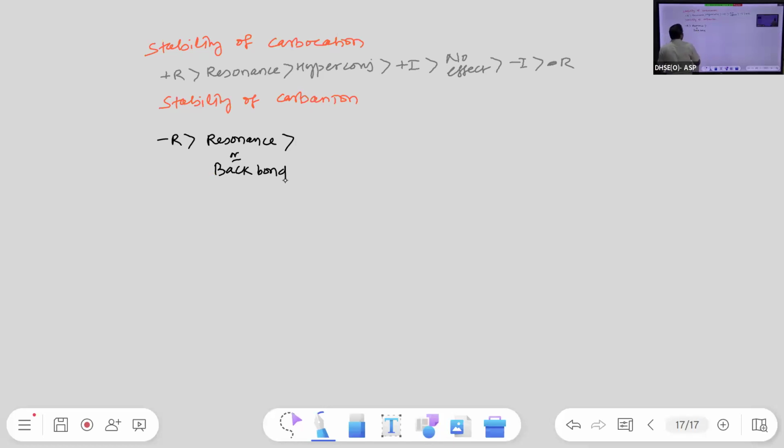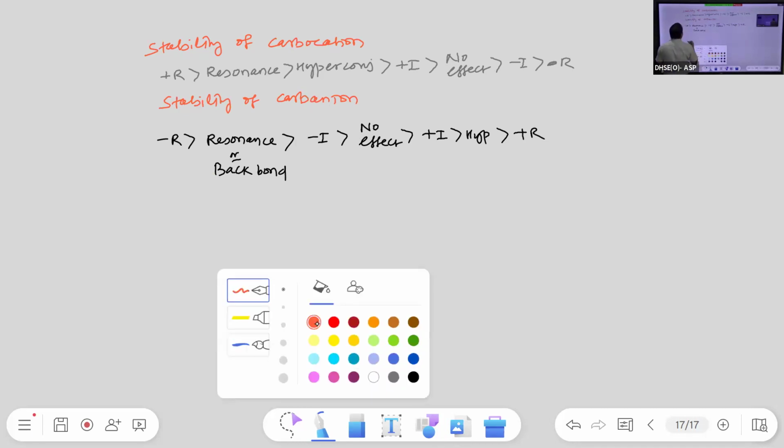Then after that, what is the next one? Minus I, then comes no effect, then plus I, hyperconjugation, plus R.